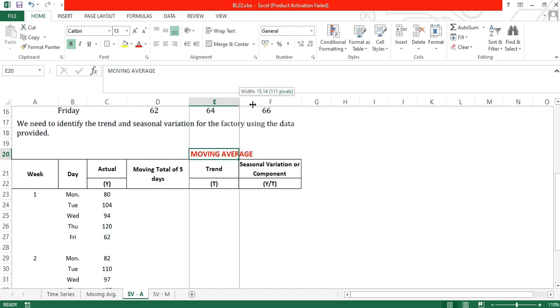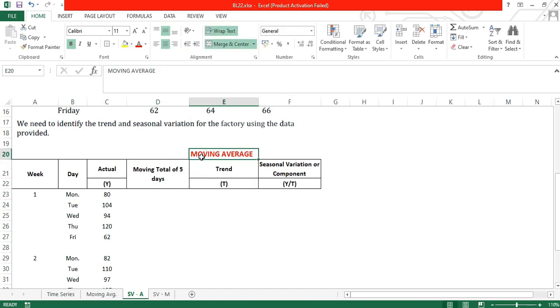So you basically can do the moving average calculation to get T here, and then apply it to find the seasonal component. So remember, moving averages are linked to the seasonal variation additive model. Now let's calculate the moving average as we did previously.